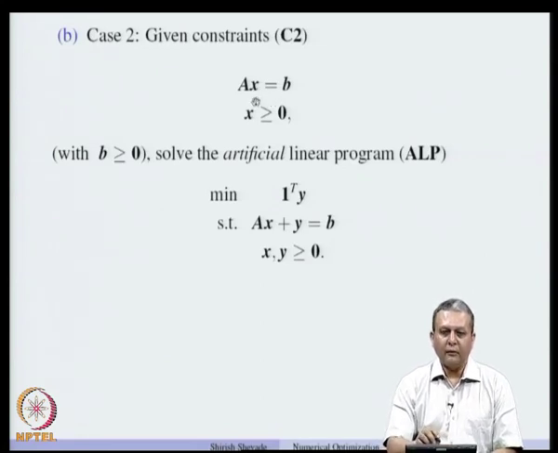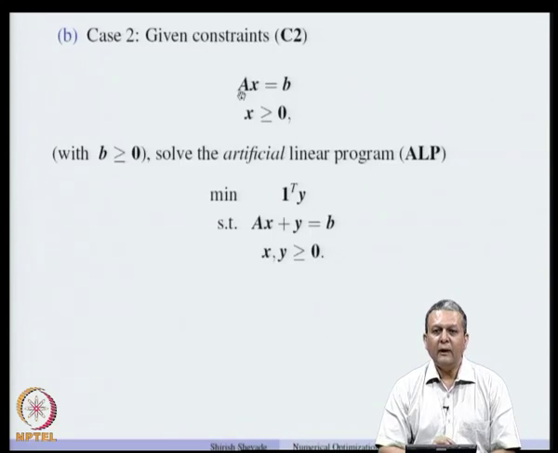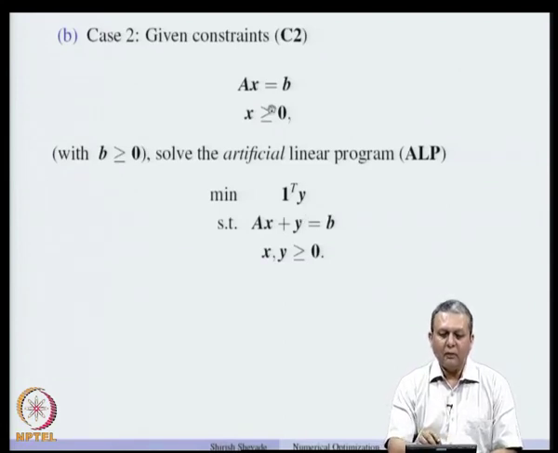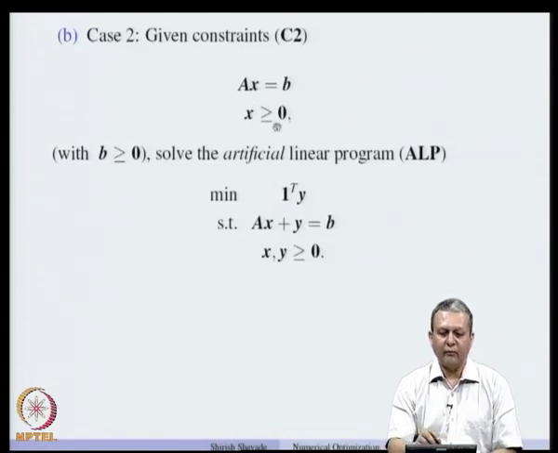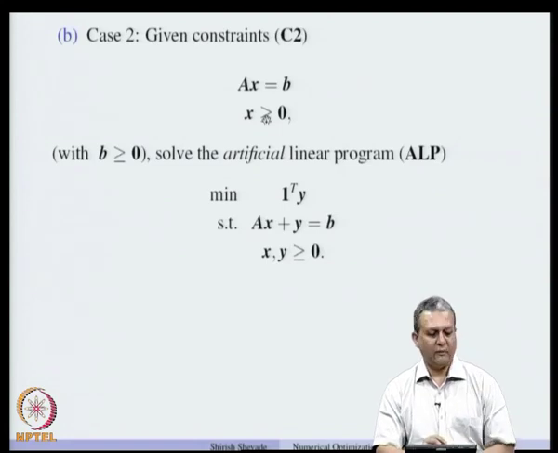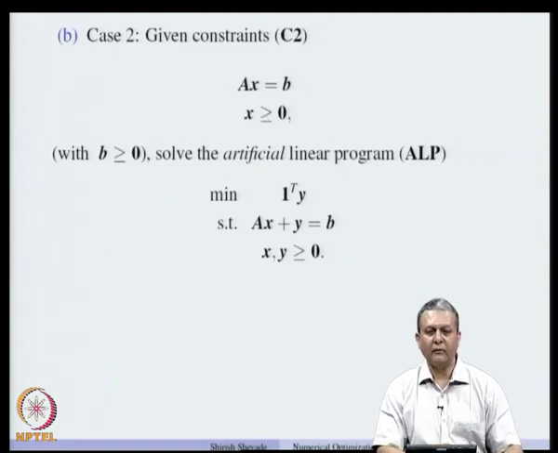So, if there is no identity submatrix associated with the constraint set matrix, then it may be a good idea to solve an artificial linear program to either get a basic feasible solution for this system of equations, or conclude that there does not exist a basic feasible solution for the given system of constraints.